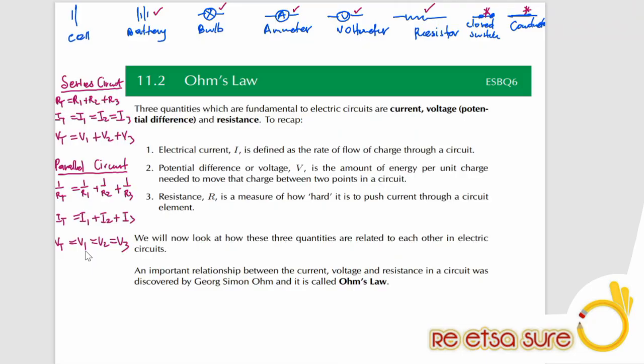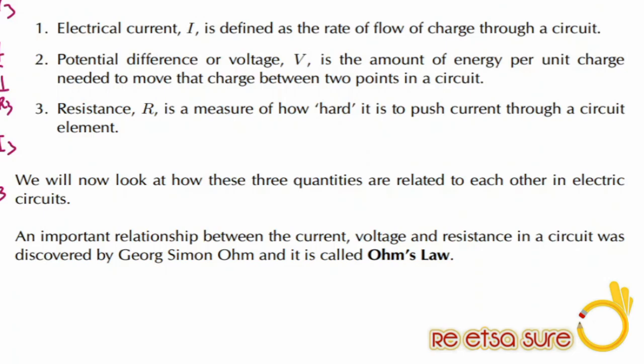So Ohm's law, we have three quantities which are fundamental to electric circuits, which are current, voltage, sometimes voltage is referred to as potential difference, and then resistance. What is electrical current?